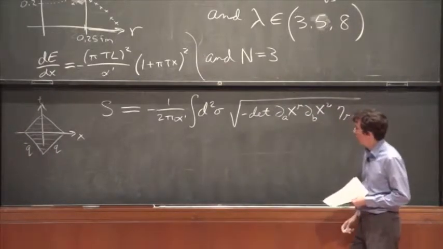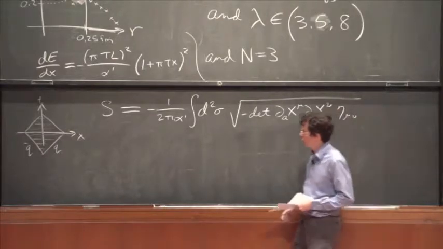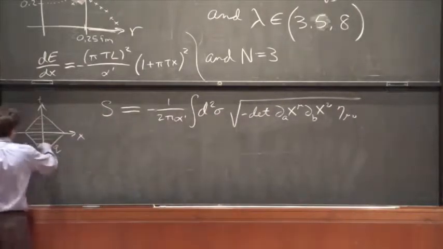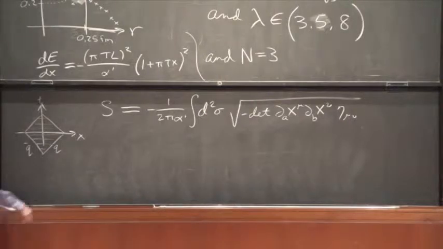The funny thing about it is that this Nambu action only describes some object with spatial extent. It does not describe the point-like objects at the ends of the string.